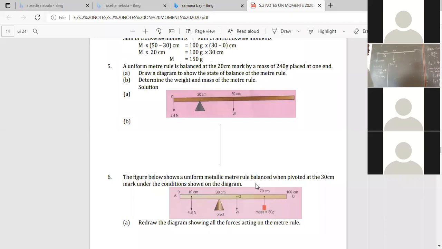Because on the other side, there's another force. Have you got that point? The forces must be on opposite sides of the pivot. I hope that is what is okay. Yes, teacher. So we are taking moments about the pivot.